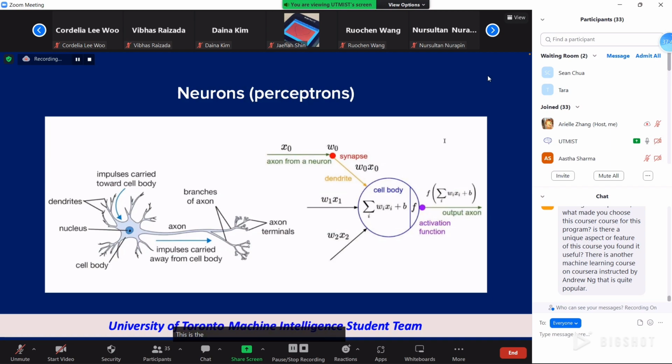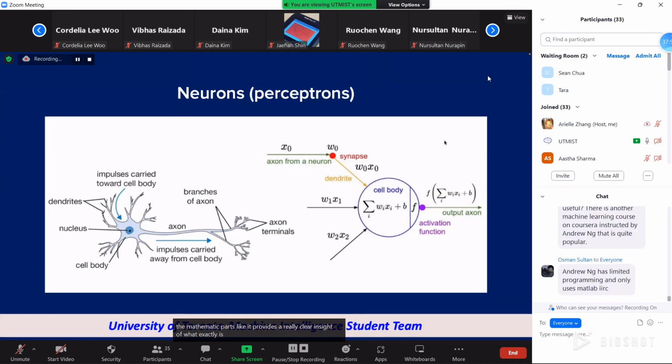It really digs into the mathematical parts. It provides a really clear insight into what exactly a neural network is and how we can successfully construct one using some of the training techniques. So I think this course is crystal clear in the limited time that it is given.